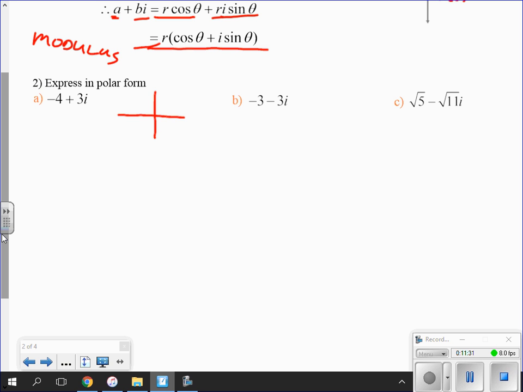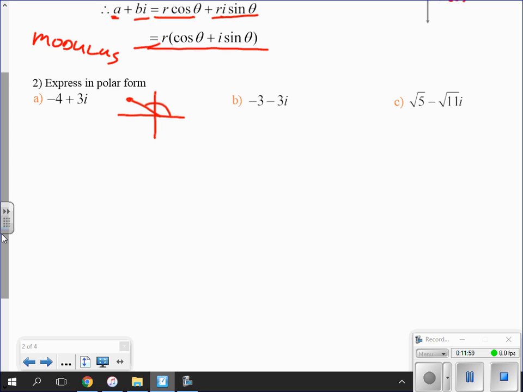So first thing we do when we do this, we want to have an idea of where we're at before we get too carried away. Approximately, we don't need to be exact, which quadrant is our point in? -4, 3 is going to put us over here somewhere. What we want is to figure out the distance from center, and we need to find that angle. We're looking for that angle theta, and we're looking for r.